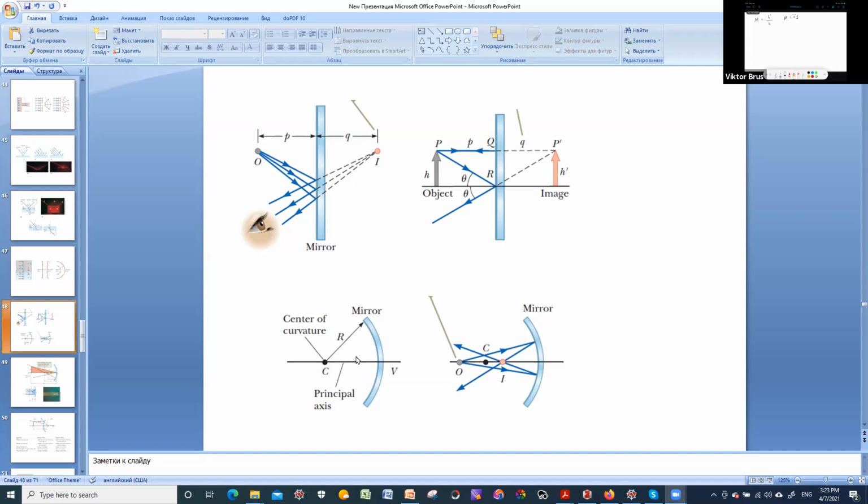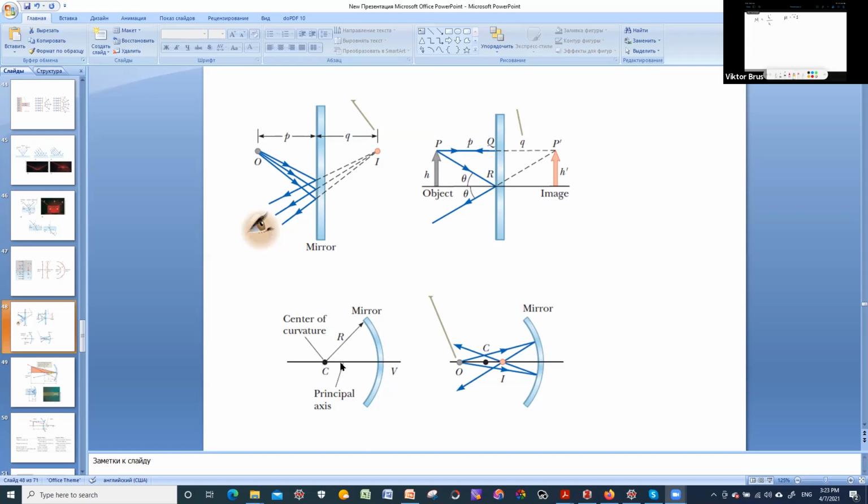There are certain parameters which we need to know about spherical mirrors, and that is the radius of curvature. The curvature center C is located on the principal axis.